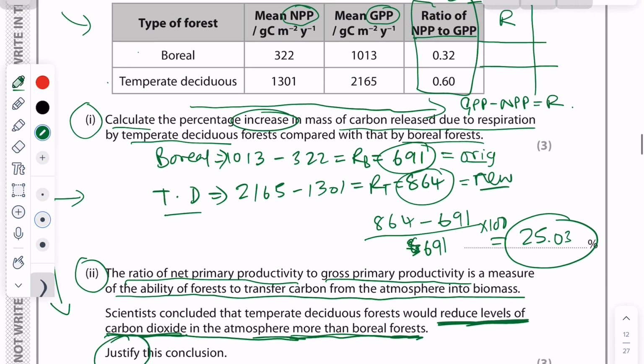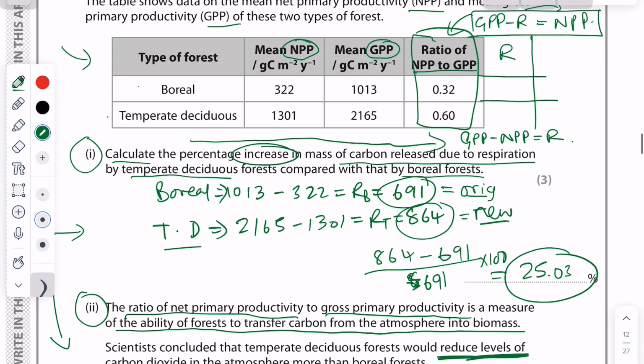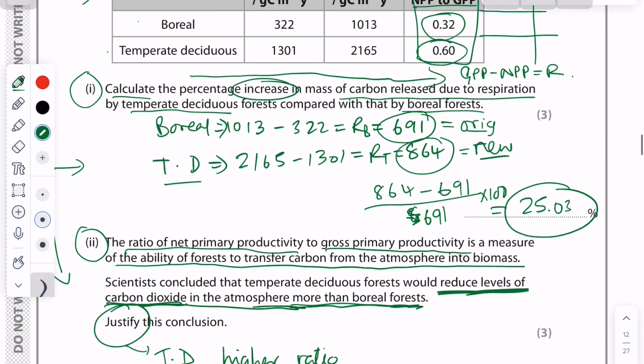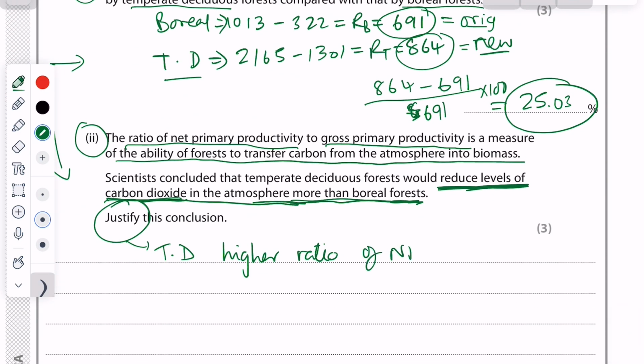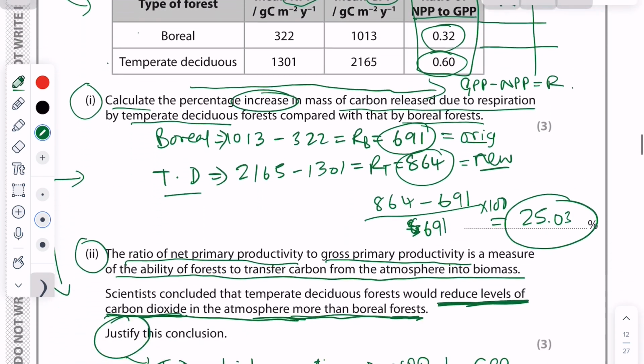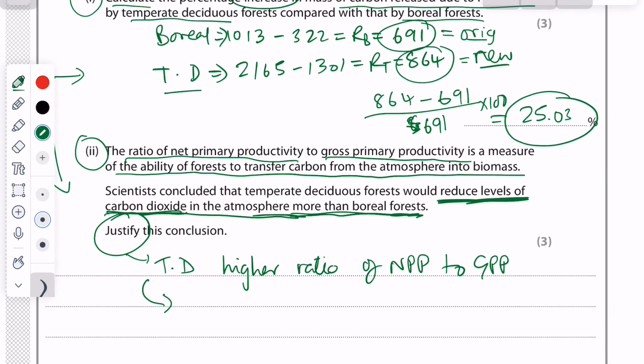So the first reason is the temperate deciduous forests have a higher ratio of NPP to GPP. Okay, so that's the first reason. Now we need to think of two more things.